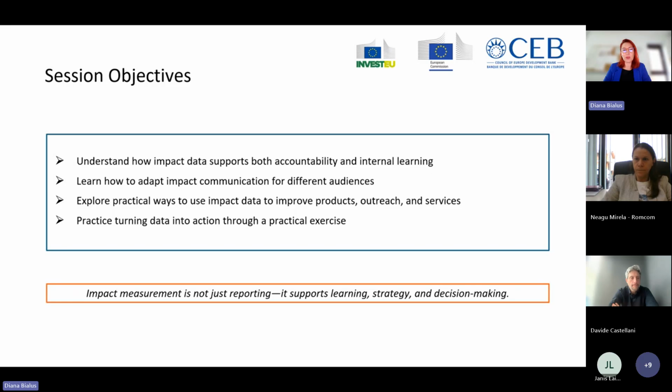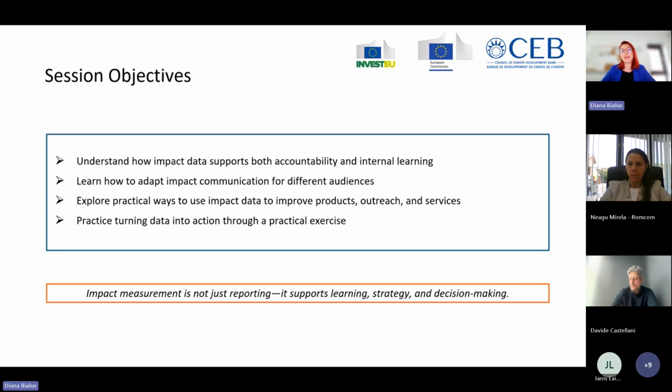We will also explore and discuss through some examples how to use impact data to improve products, services, and outreach to clients. And as usual, we will also have a practical exercise to work a little bit with the concepts we will discuss in this training session.